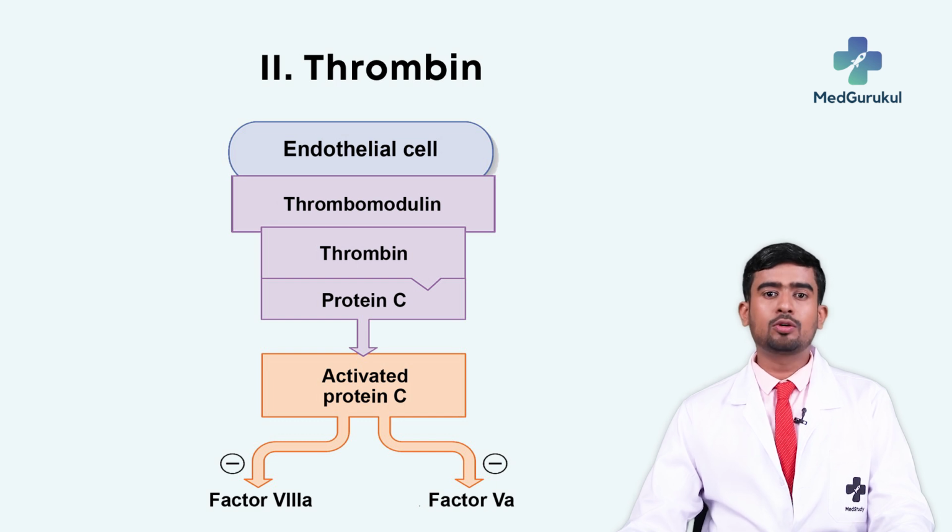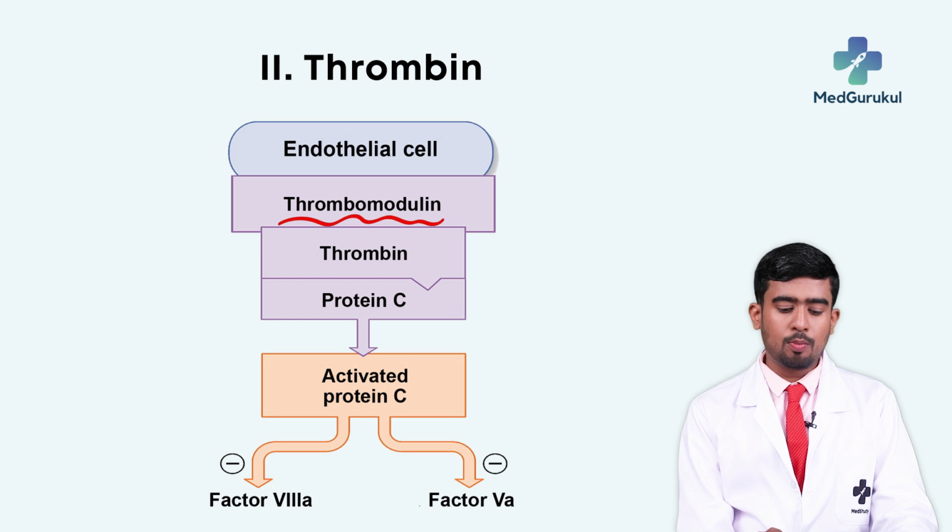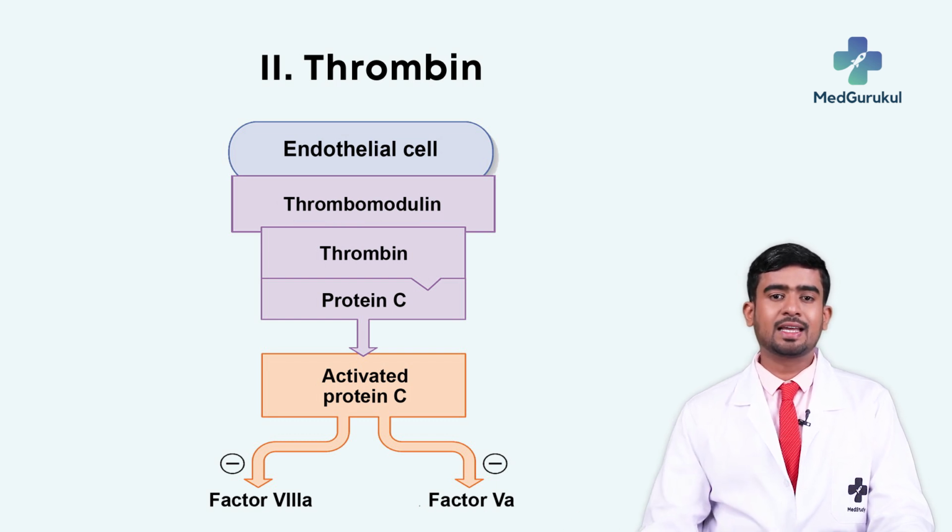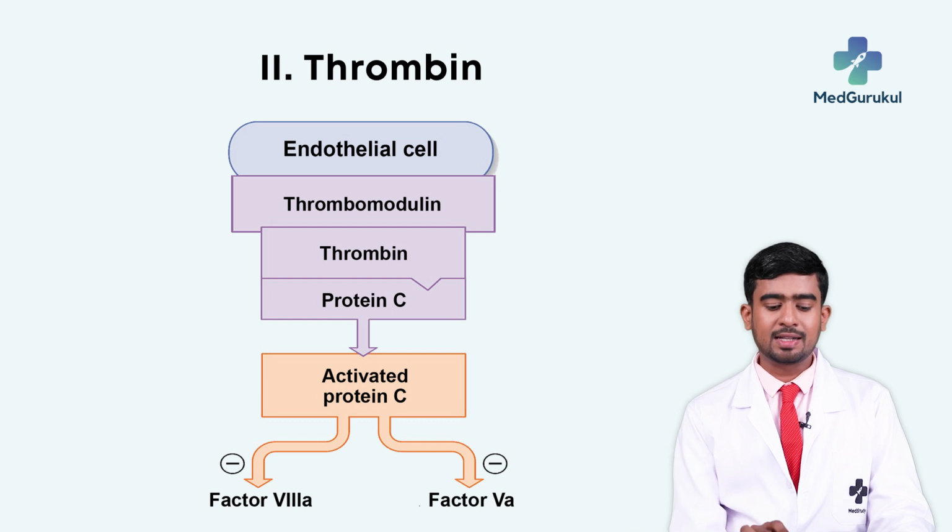So, how to control the formation of the thrombin at the site of injury? For that purpose, thrombin itself will be binding upon another factor which is called thrombomodulin. This thrombomodulin is a protein which is secreted by the endothelial cells, as you can see here.